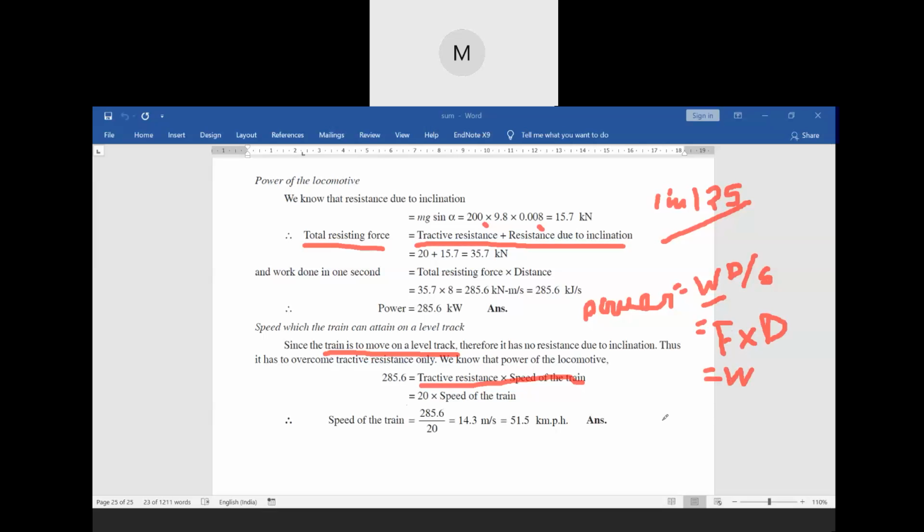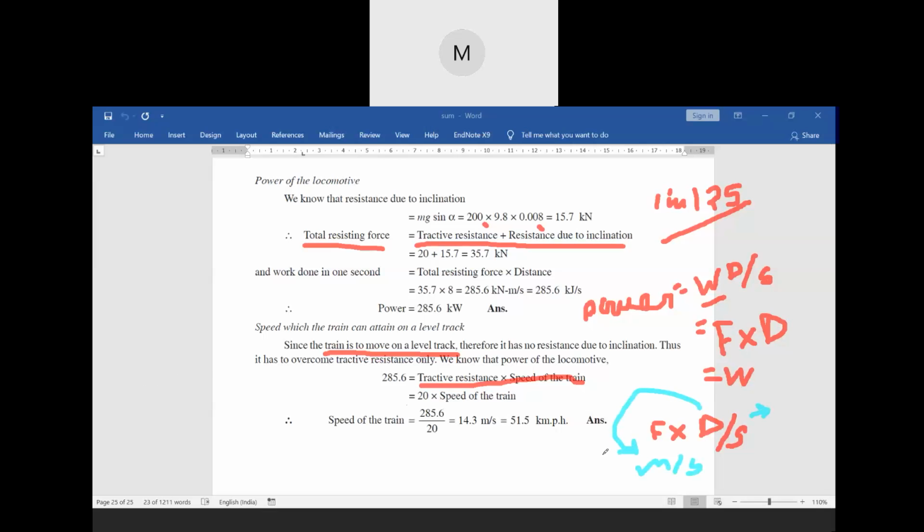Now distance per second means what? You can write distance per second as meter per second, right? Yes, sir.